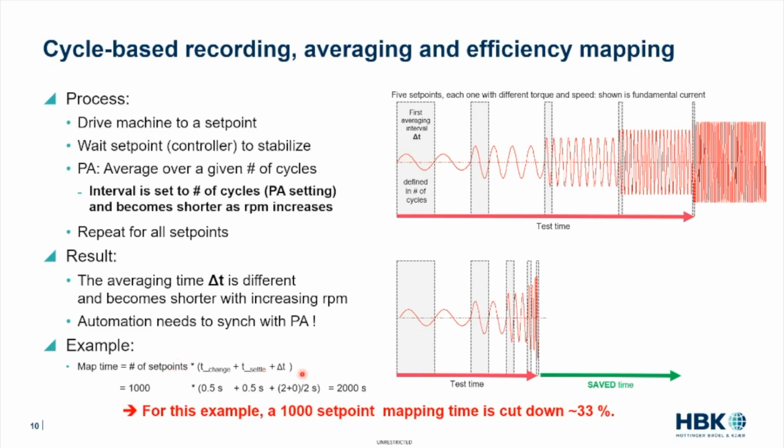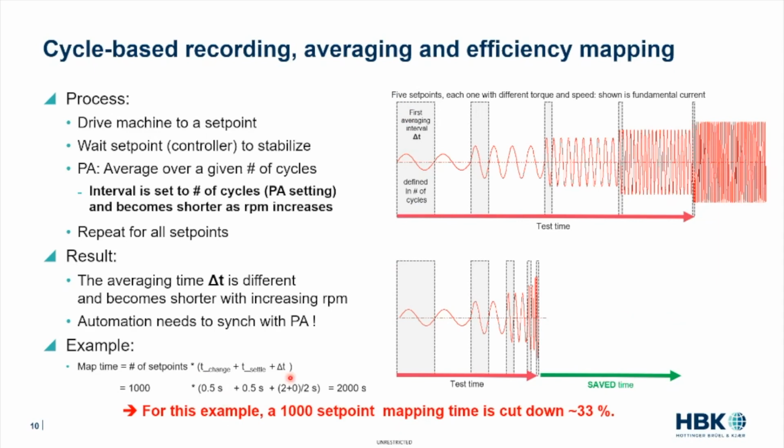If you run the math again, and you just assume your first measuring point is basically the same as with a fixed averaging interval, and if you would go to infinite frequencies, your last measuring interval would be 0.